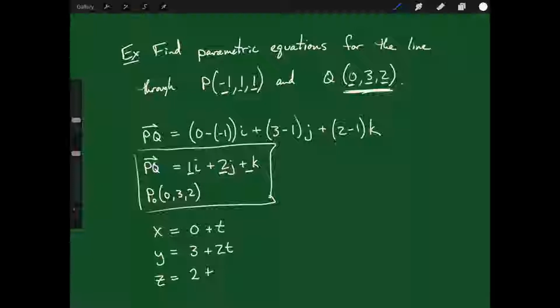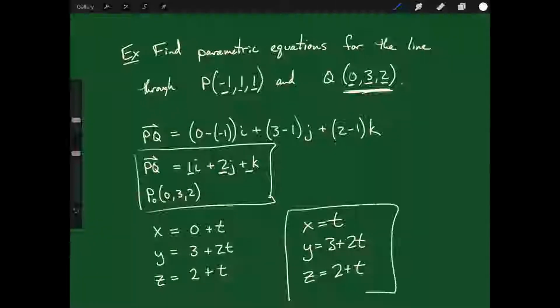And in the third I get 1 times t, which is just t. So if you don't like that 0 sitting there, I could rewrite that: x equals t, y equals 3 plus 2t, and z is equal to 2 plus t. And that is a parametric equation for the line going through points P and Q.